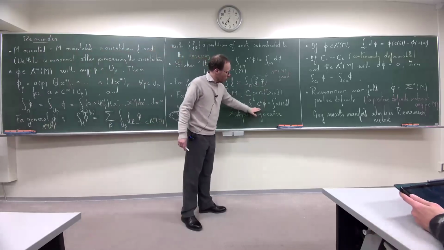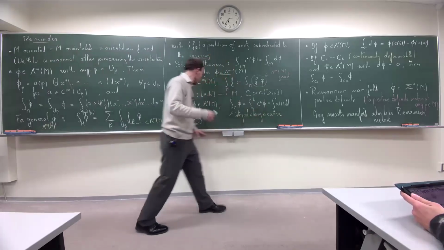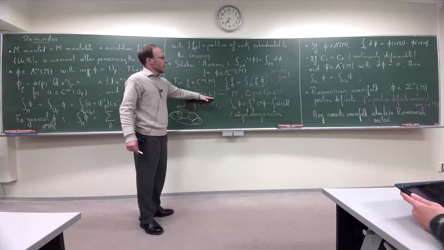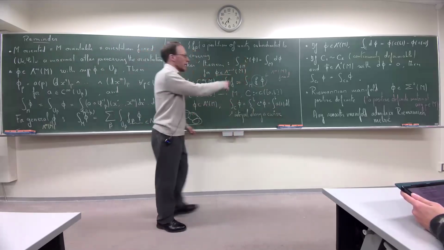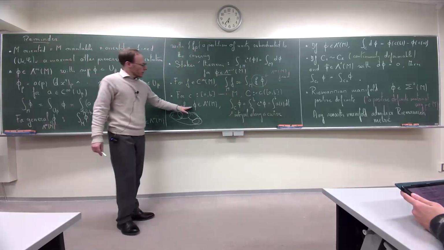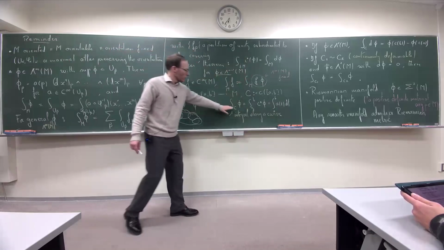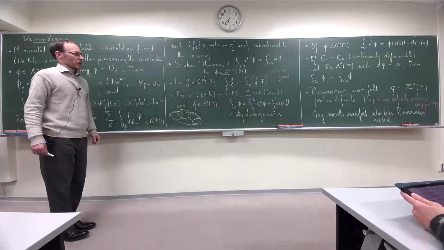You take the pullback, and this expression is now a function on an interval, on [a, b], which has a representative as just a simple function. And this is an integral of calculus 1. So the integral of a one-form along a curve reduces to something which is back to calculus 1.